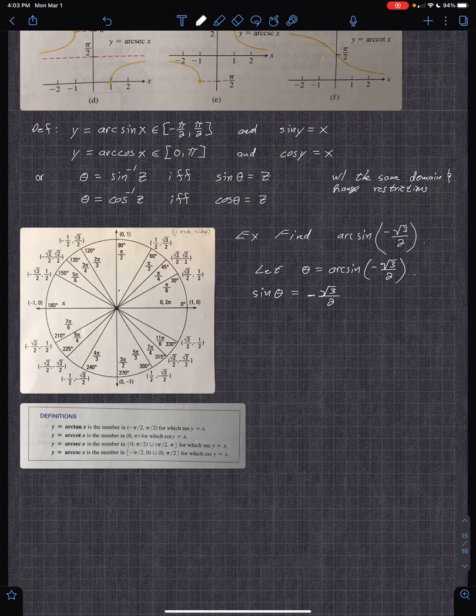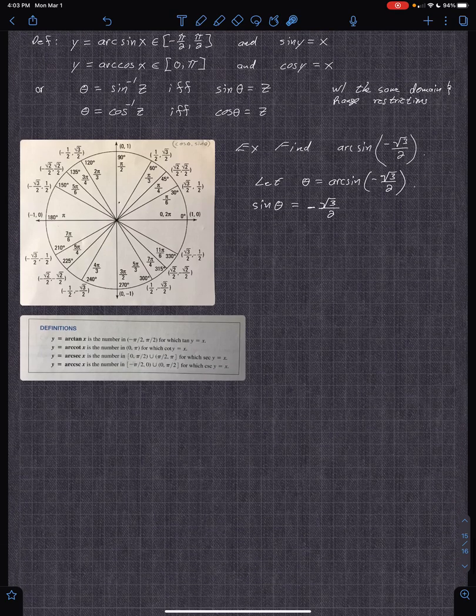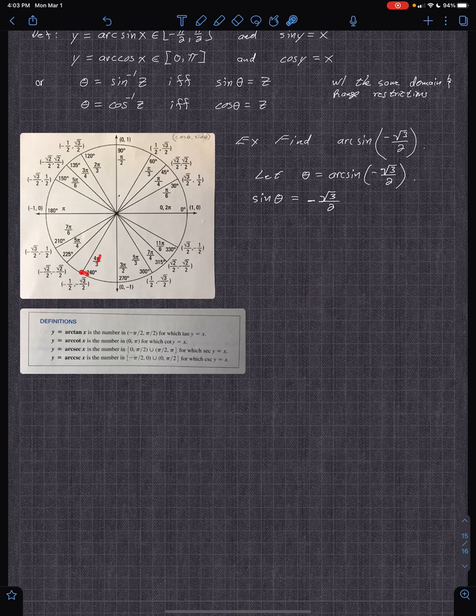I picked this one on purpose, because check this out. If you use the unit circle and you look for negative root 3 over 2, that's sine, so it's your y value. Negative root 3 over 2 is over here, right? So you have this value and this value.